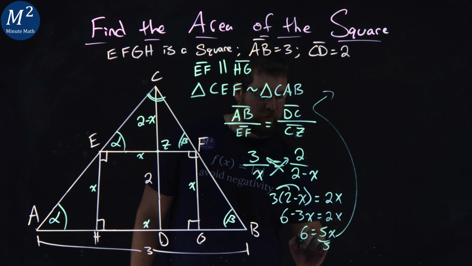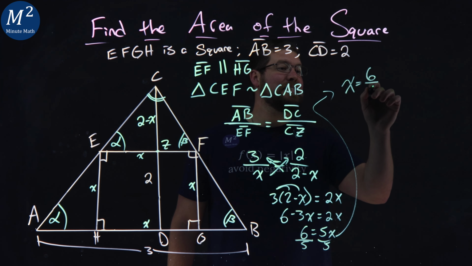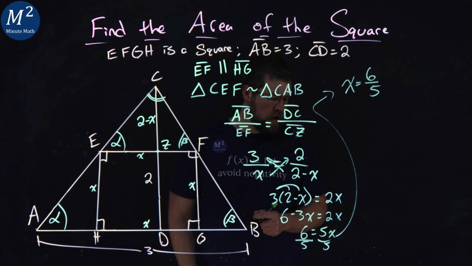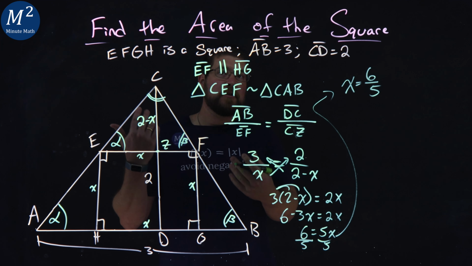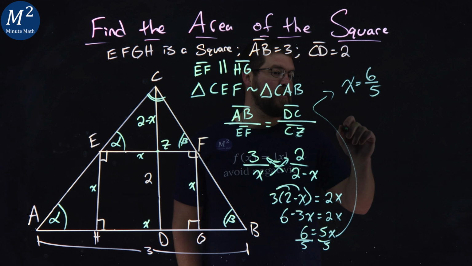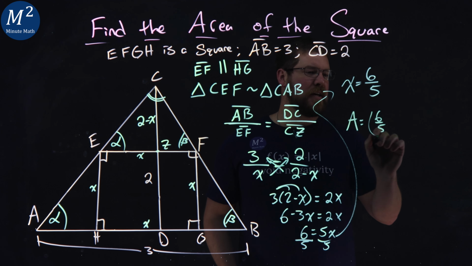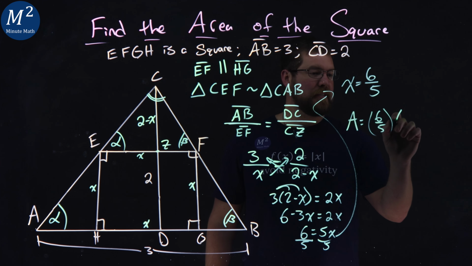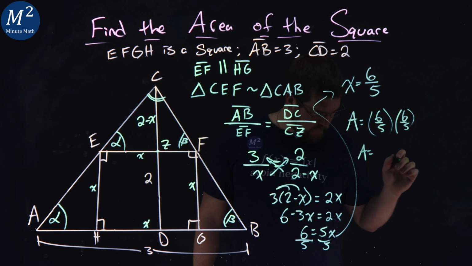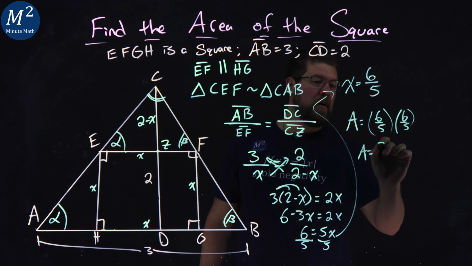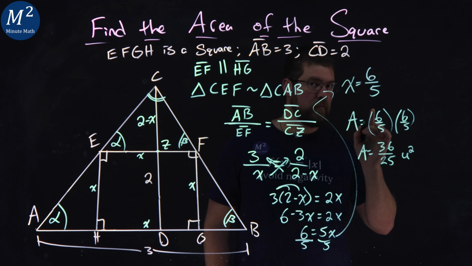Divide both sides by 5, and x is equal to 6/5. That's the side length of our square. To find the area, we take 6/5 times 6/5, which comes out to 36/25 units squared.